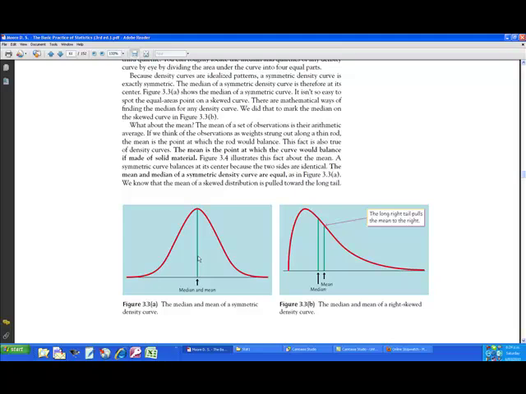On the other hand, the one on the right is not symmetric about either of those drawn vertical lines. So when you have a symmetric curve, the mean and the median are going to be the same thing, whereas on the curve on the right, which is skewed to the right, the mean will be greater than the median.